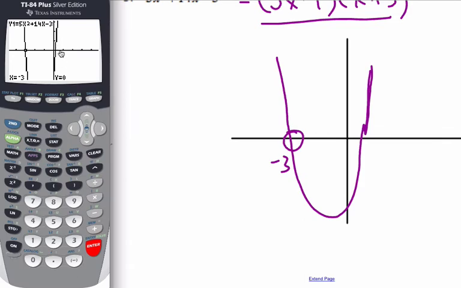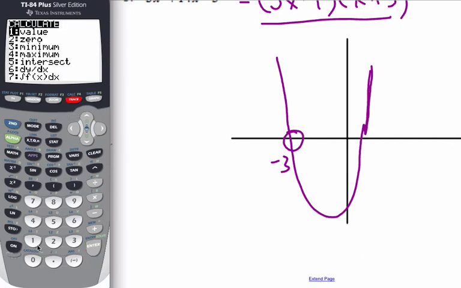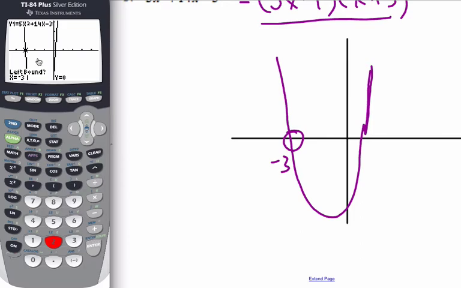This one, however, is not 1 and it's not 0. It's some kind of number between 1 and 0. So I'm going to calculate it by finding the 0. The left bound of this number I'm going to say is negative 1. My right bound of that number I'll say is 2. And I'll guess it to be 0 even though I know it's a little bit bigger than 0.